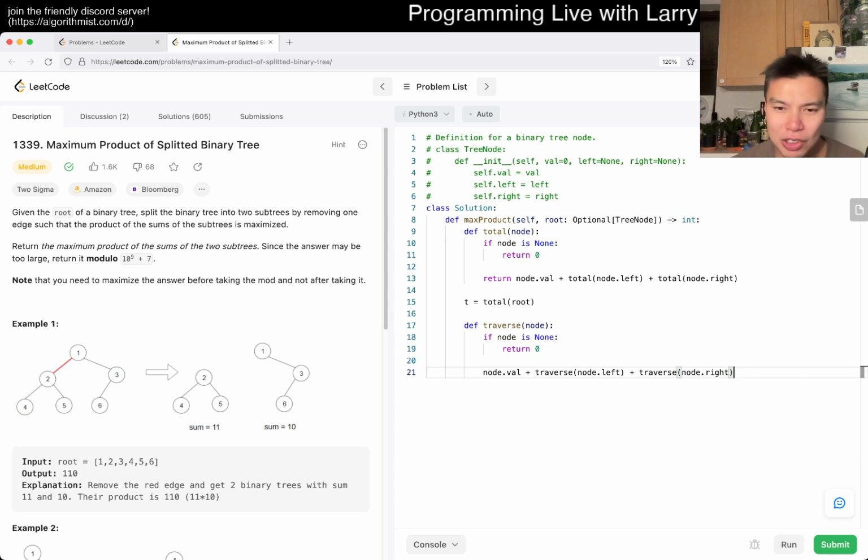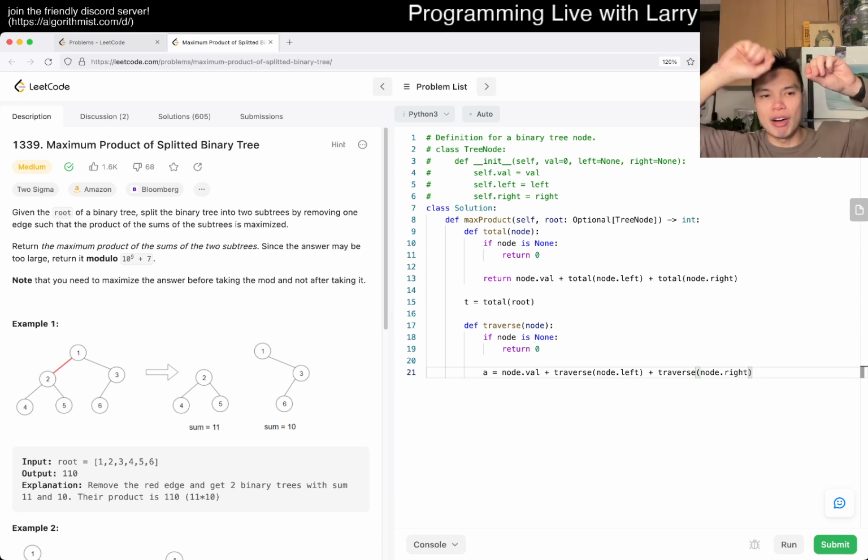So let's say this is the value here, which is what I call A, and this is basically the value of all the nodes in the subtree. That means that what you're cutting off is the edge that's connected to this node going upwards. That's basically the idea.